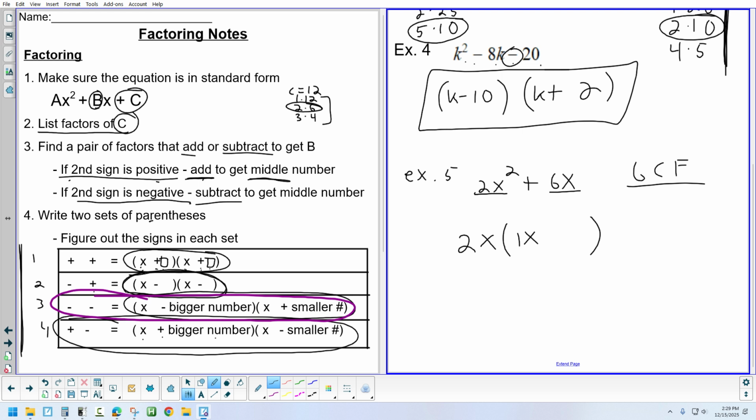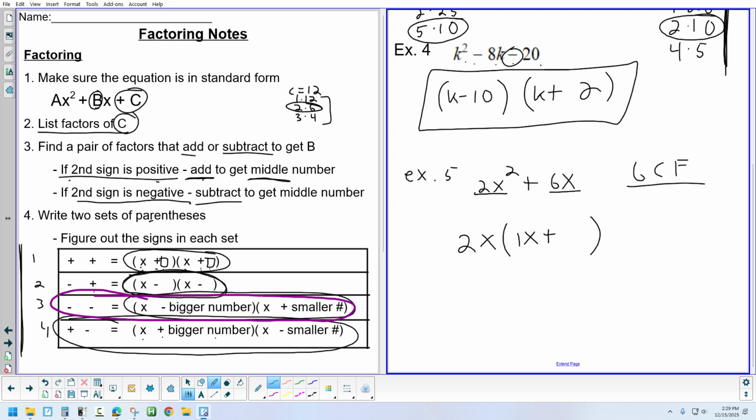That's the first part. So now if you multiply 2x times 1x, you would get 2x to the second. Now we need a plus sign. And now we need to put something here. What could you multiply 2x by to give you 6x? 3. If you put an x there, it's going to make it an x squared.